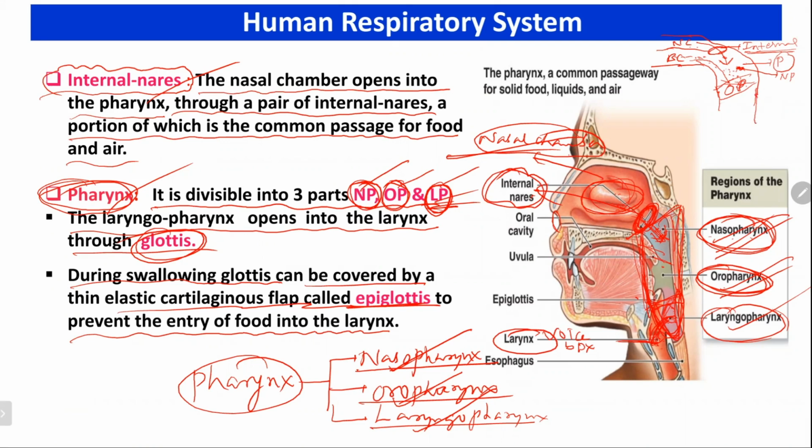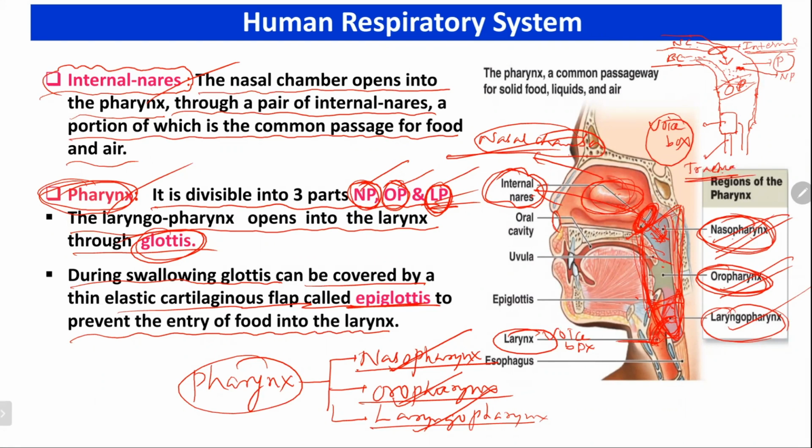So as far as the third part, laryngopharynx, is concerned, you can see this is what? Voice box, larynx. Just imagine this is a simple voice box or larynx, and behind it, this larynx opens into what? Trachea or windpipe.